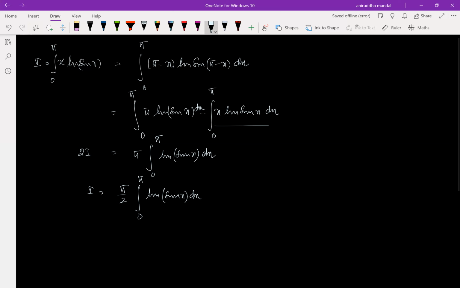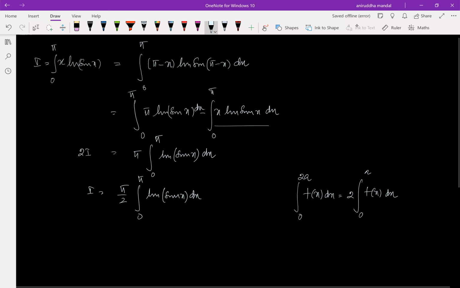Now what we can do is apply another property. Let's write it first. If the integral from 0 to 2a of f(x) dx equals 2 times the integral from 0 to a of f(x) dx, if f(2a minus x) equals f(x).